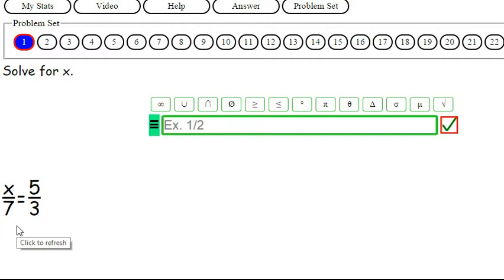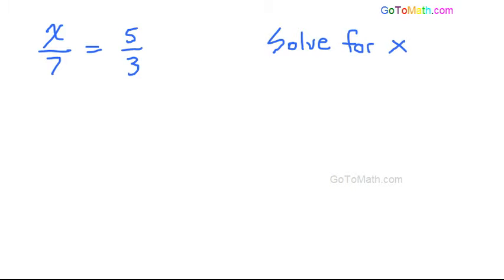Very useful. We have x over 7 is equal to 5 over 3, and we want to solve for x. What we're going to do here is just multiply both sides by 7.